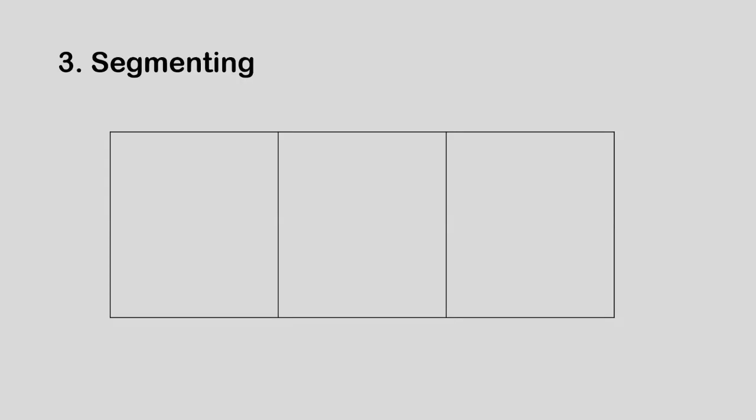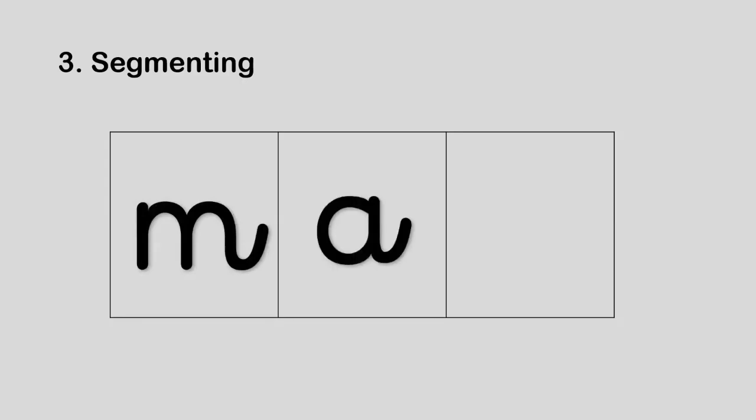So in map, I can hear m, a, p. This is the process of segmenting to write a word.